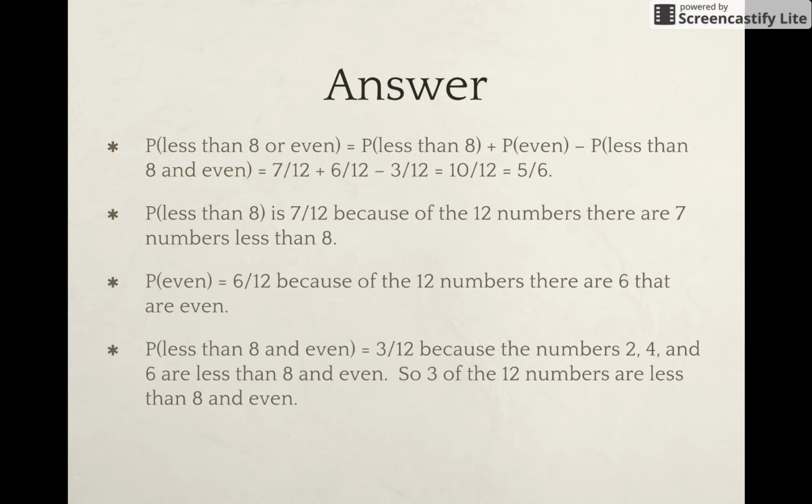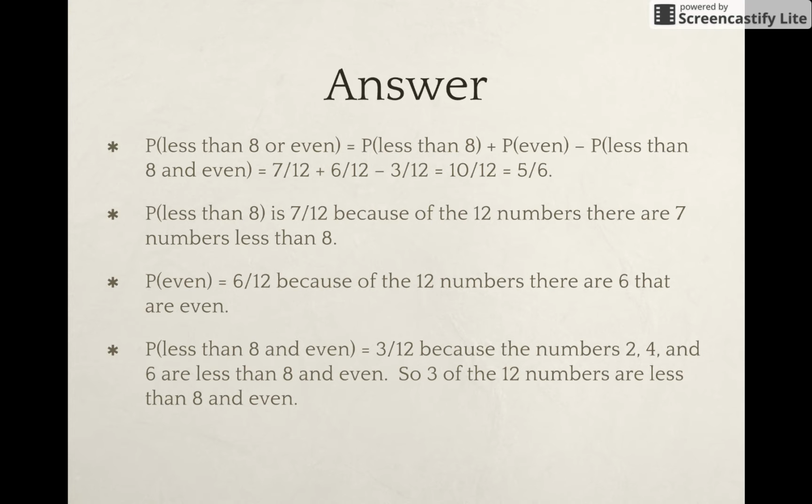Using our OR probability formula, it would be the probability of selecting a number less than 8 plus the probability of selecting an even number minus the probability of selecting a number less than 8 and even.